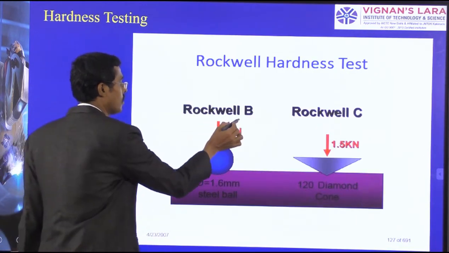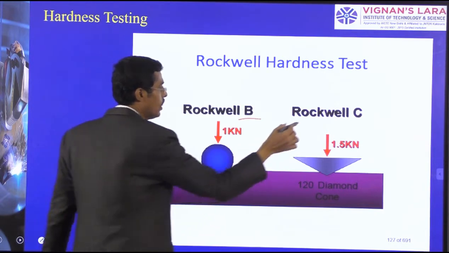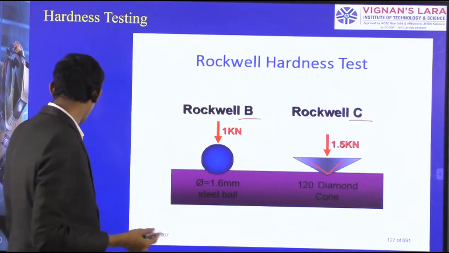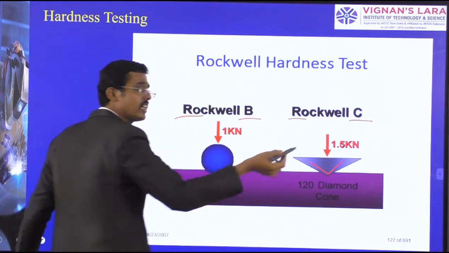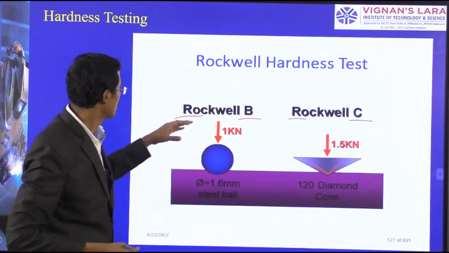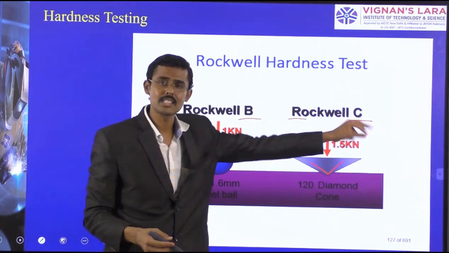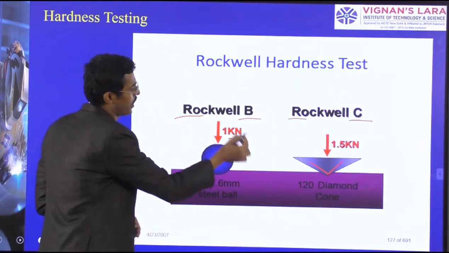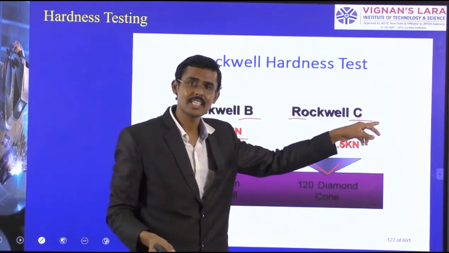So Rockwell ball, Rockwell C, a cone shaped indentation. Rockwell, I told, the R represents either the ball indenter or otherwise the diamond indenter. Therefore, Rockwell B scale and Rockwell C scale are there. In the Rockwell B scale, a ball indenter is used and the load applied. And in the Rockwell C scale, a cone indenter.